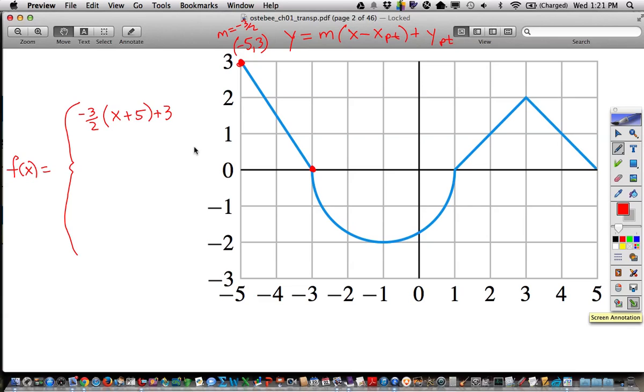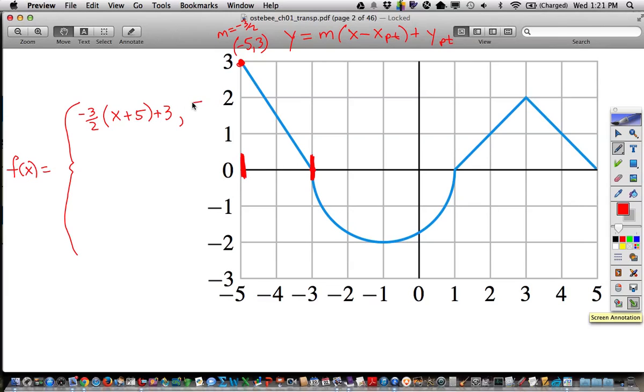But now in a piecewise function, I have to tell what piece that is. And so I'm going to put a comma. And now I have to say, all right, that piece goes from here to here. It's like the domain. The domain is the x values, the range is the y values, right? And so I have to tell it that piece goes from -5 to -3.